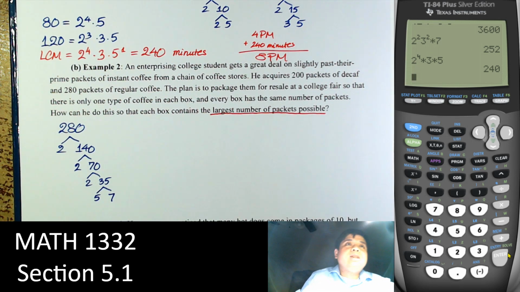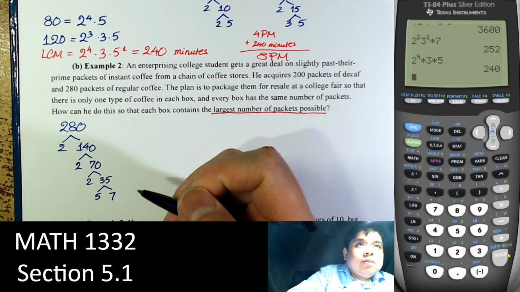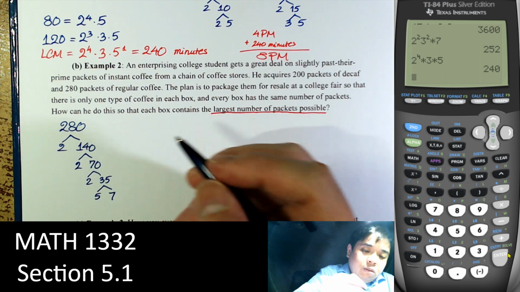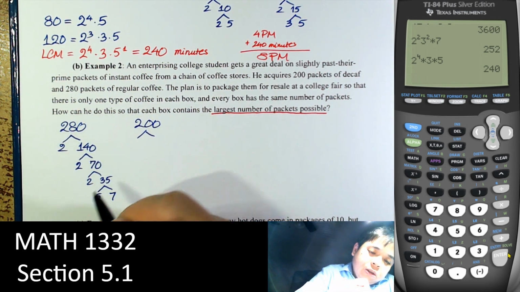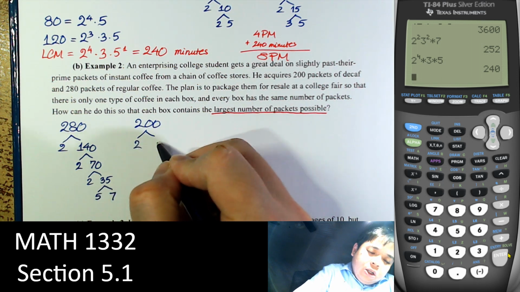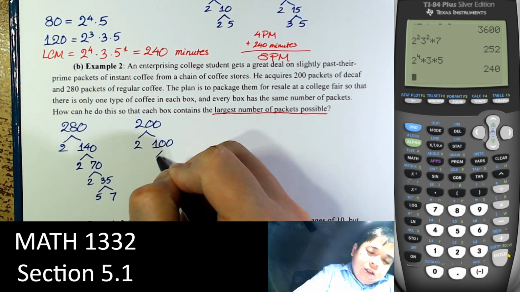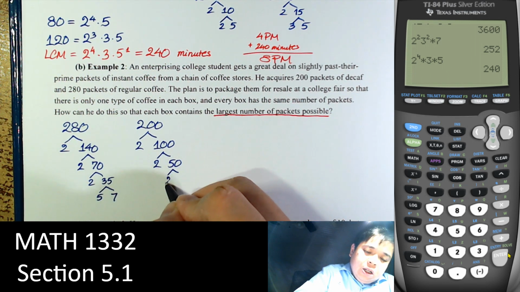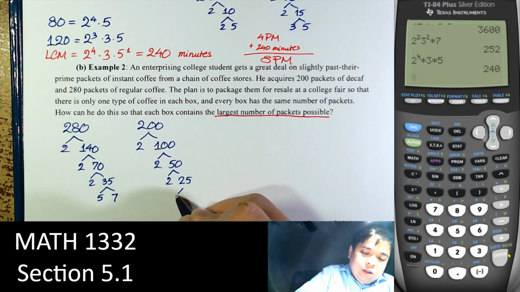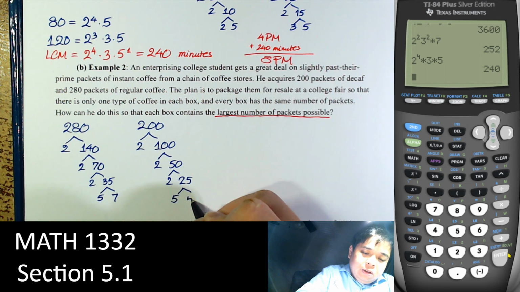Right, so we have that, and then 200 to 100 to 50 to 25, 5 and 5.